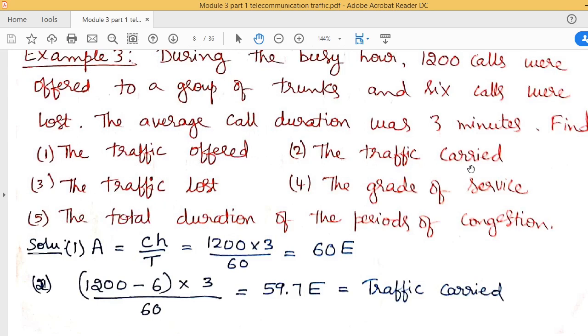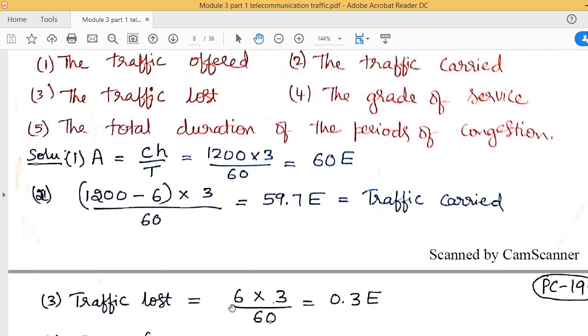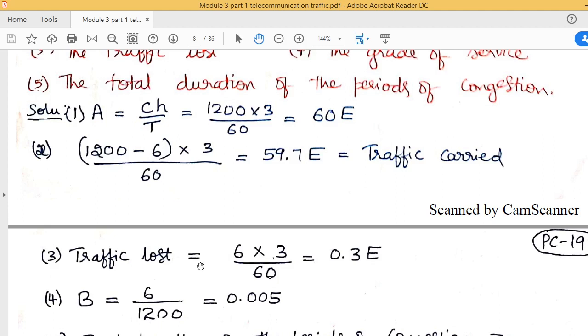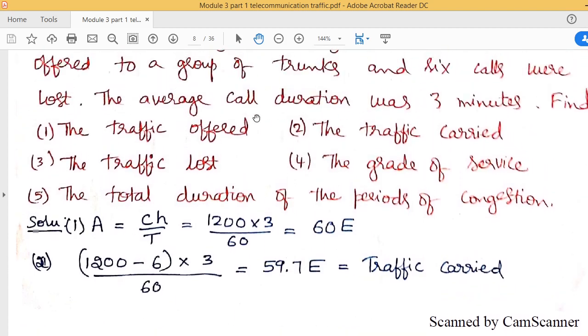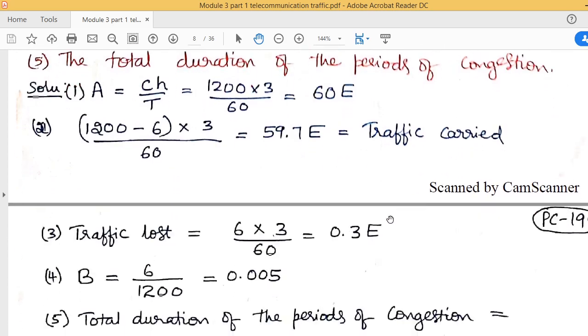We can easily calculate traffic lost, which will be equal to traffic offered minus traffic carried. Or you can calculate traffic lost using the other equation also. Traffic lost is equal to CH by T, where 6 calls are lost, and the average call duration was given as 3 minutes, divided by 60, and it is obtained as 0.3 erlang.